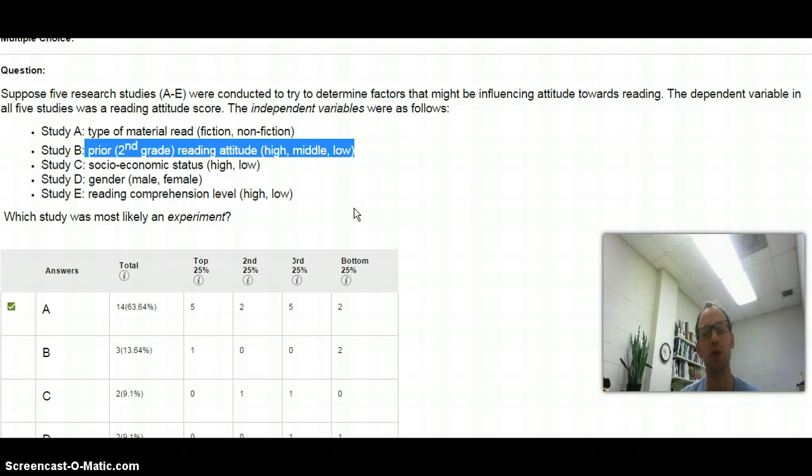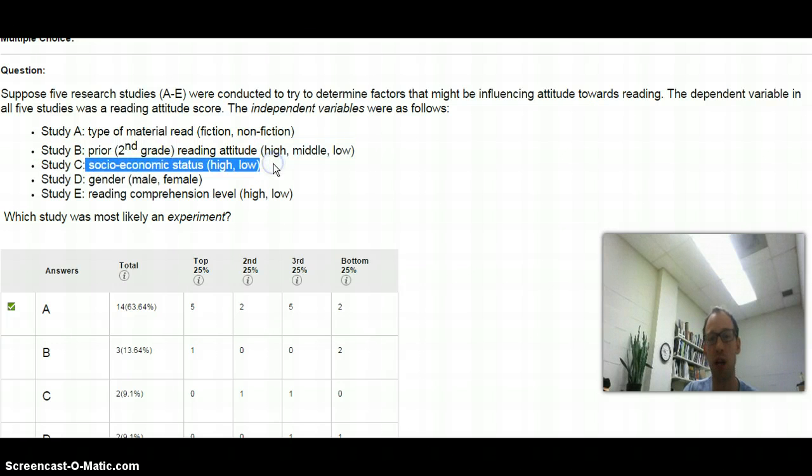I don't have control over that variable. Similarly, socioeconomic status. When I randomly assign people to the different groups, I can't tell them, okay, now you guys are going to be high socioeconomic status, because that's some kind of status that's already decided on them.